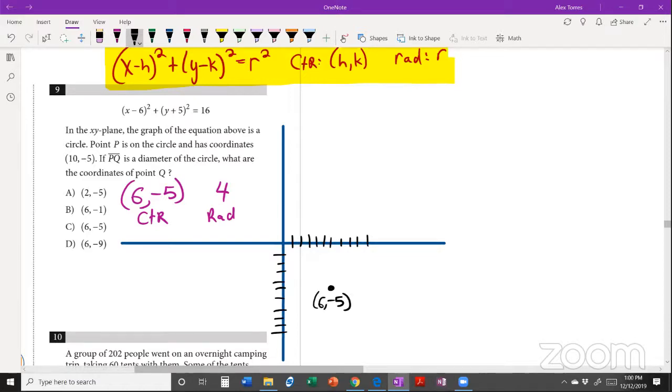Now the radius is 4. So we're going to go up, down, left, and right by 4. If I go up, that'll be affecting the y value. So it'll be adding 4 to the y value. So -5 plus 4 is -1. So this right here is 6, -1. Taking away 4 from the y value, 6, negative 9.